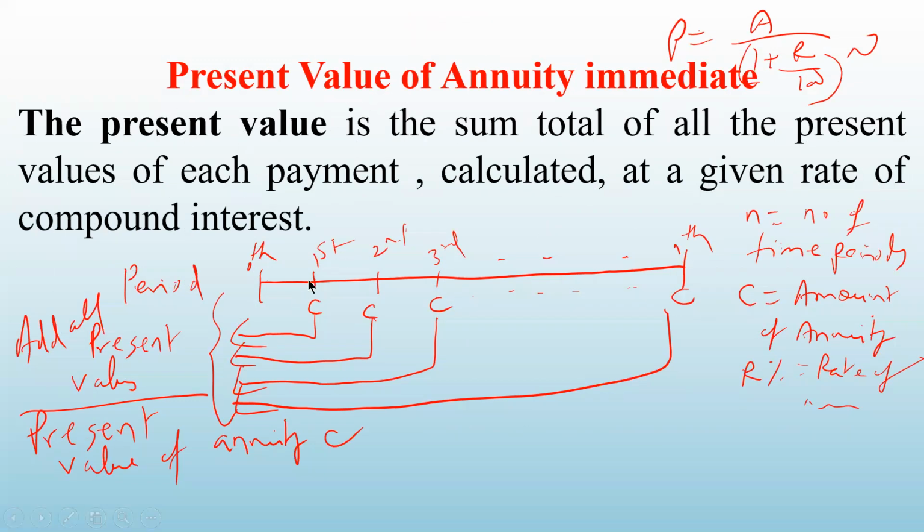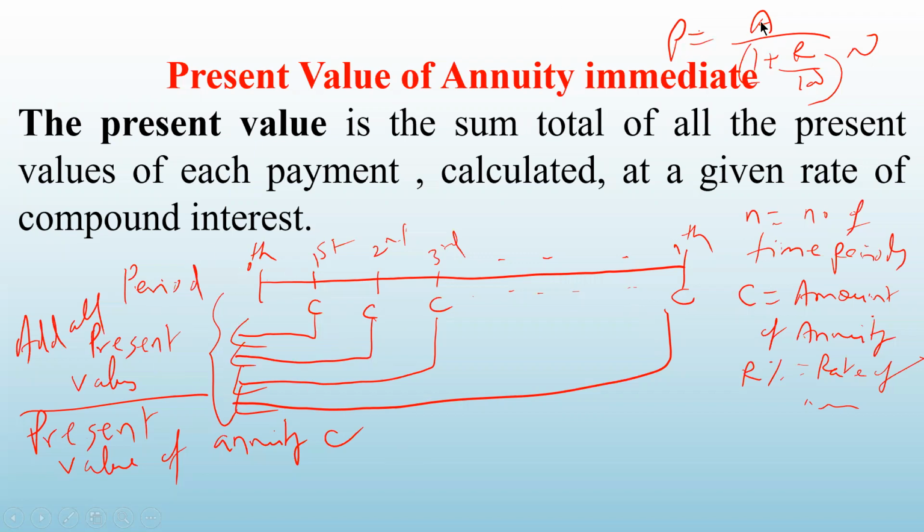See, if the annuity amount is C for n number of time periods, then to find out the present value of each of these annuities, installments C, the method is what? You find out the present value of the first installment, second, third, and so on, the last installment, and then add them all.